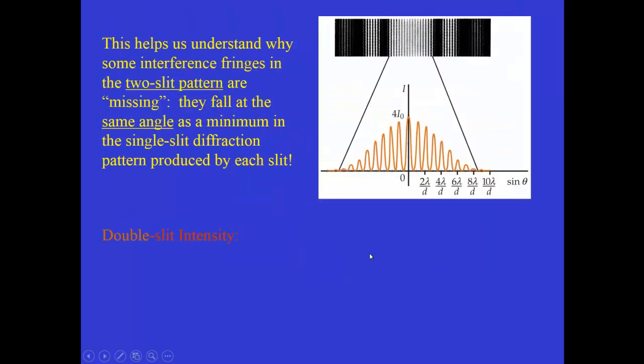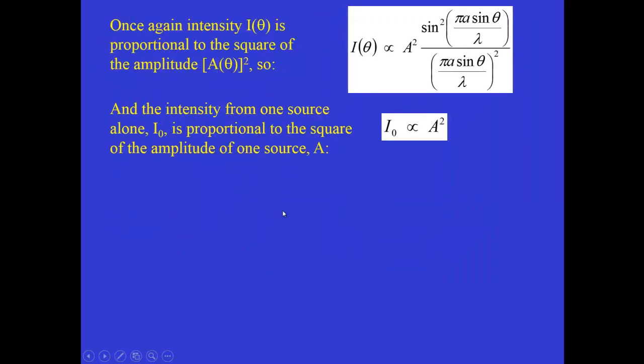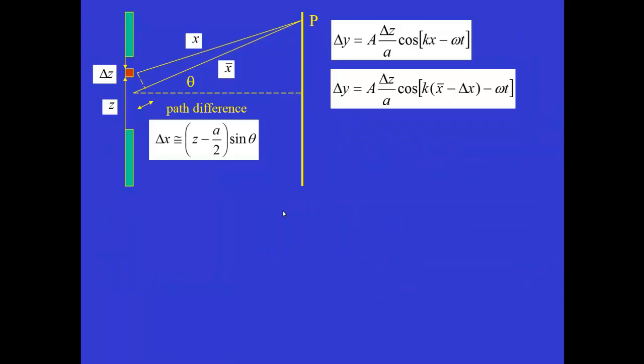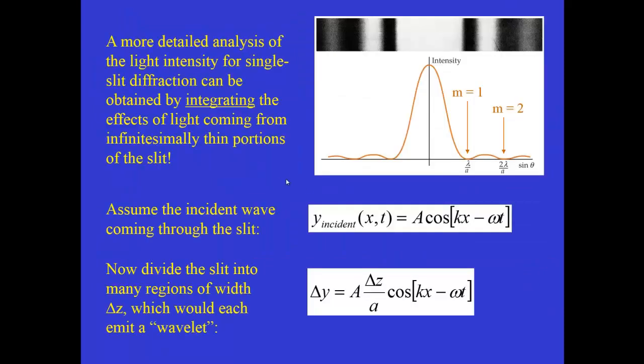And what that looks like on the screen, just to go back a few slides, is the quantity that we had at the start, right here. So there's a big, broad central peak, and then we see a minimum, and then another maximum, and another minimum, and we see the same kind of behavior on the other side of the center of the pattern as well. And so this intensity function explains how we get peaks, but they're peaks that get smaller and smaller as we go further away from the center.